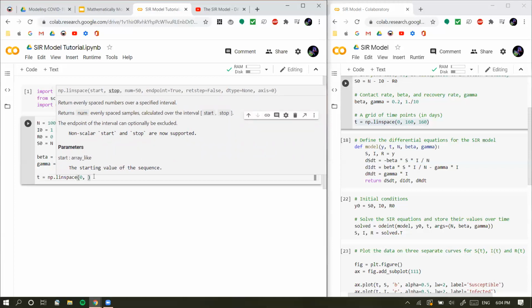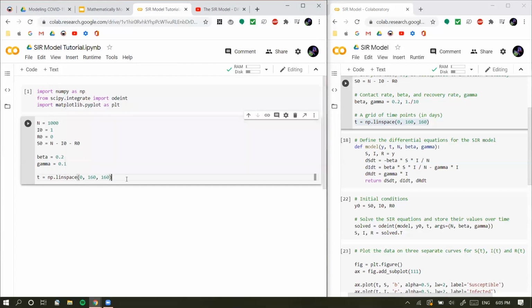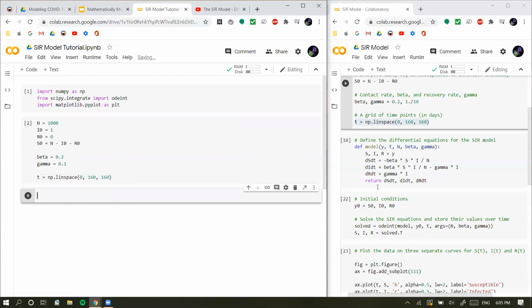So we start at 0, end at 160 days, and we have 160 samples in that time period, which basically means we have one per day. So np dot linspace stands for linear spacing, I think. Once you're done with that, just press Shift Enter, and it'll run that little box for you.